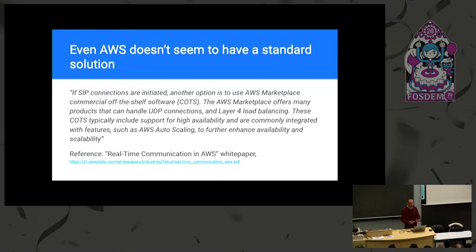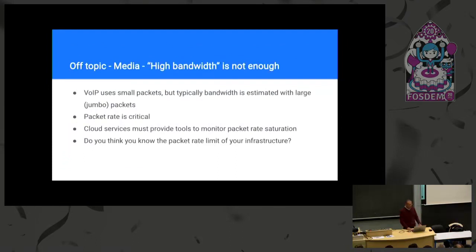It says if you really want to do level 4 load balancing and UDP is involved and you use SIP, then you need to search for an application in the marketplace and use it, which is not what we want, because more or less it's what we are all redesigning, each one in our own case.